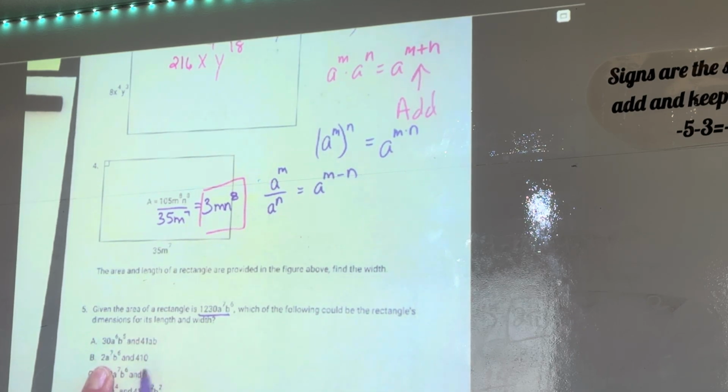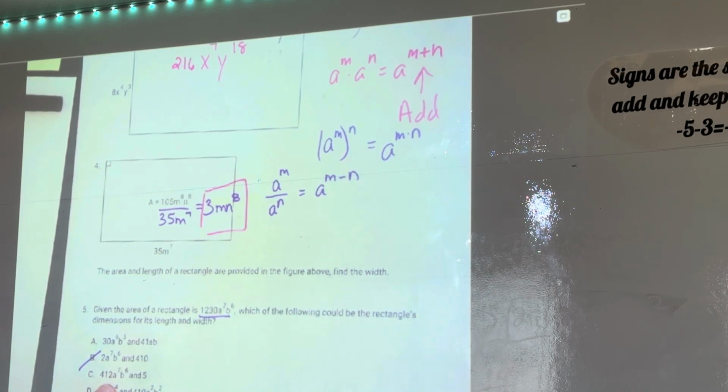Adam, what's 2 times 410? Turn your calculator on. 2 times 410. What do you get? 820. So 820 is not 1230, so it's not B. And let's see.